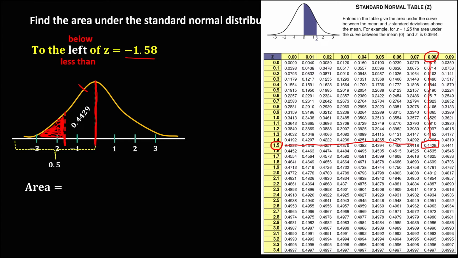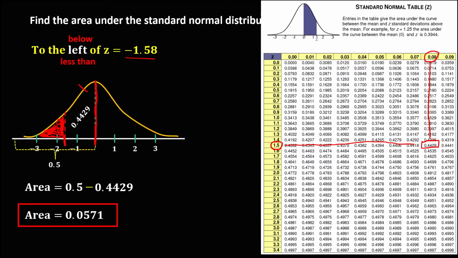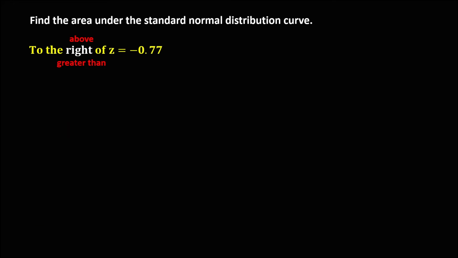The bigger area is 0.5, that's half of the curve because the total area of a curve is 1. So 0.5 minus 0.4429. So therefore the total area is 0.0571.